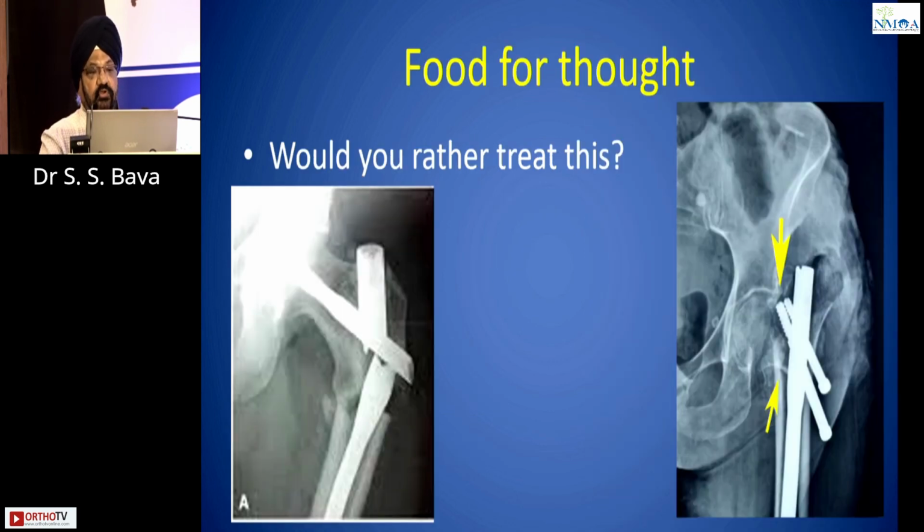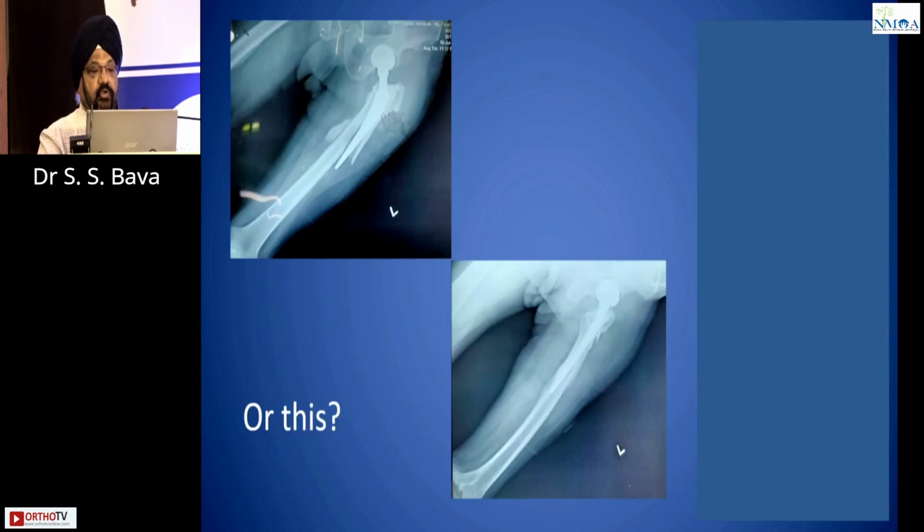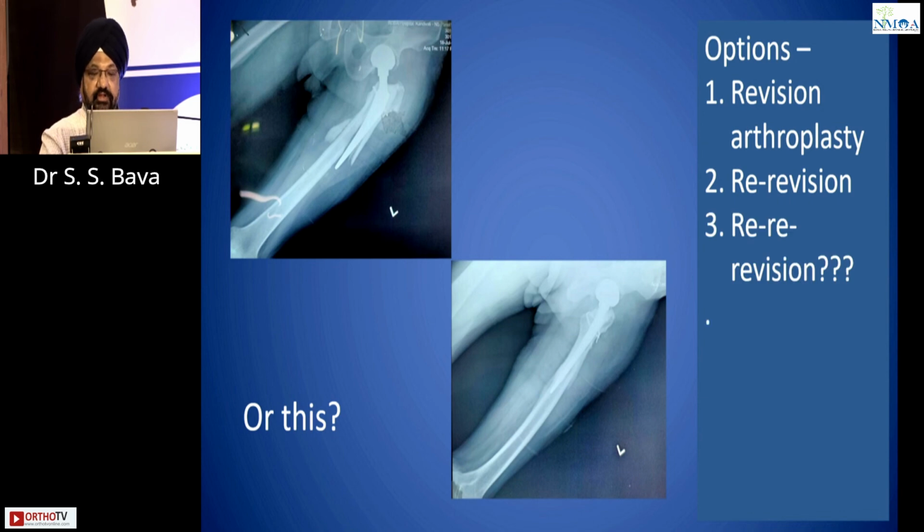Food for thought: you are better off treating this when you have a lot of options, like revision nailing, revision fixation with an angle blade plate, or finally, definitely I will not say you cannot do replacement. Yes, you can. But in this patient, the options are very limited, like revision arthroplasty. If it fails, re-revision, again re-revision, and it goes on.